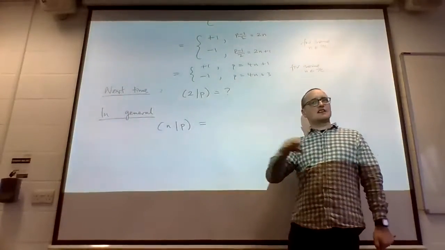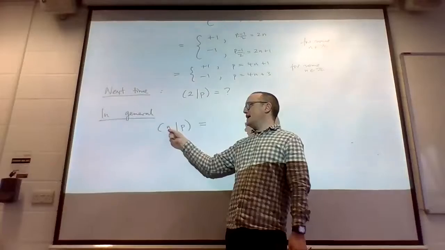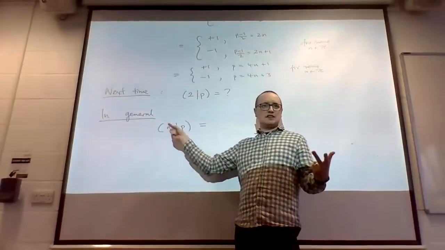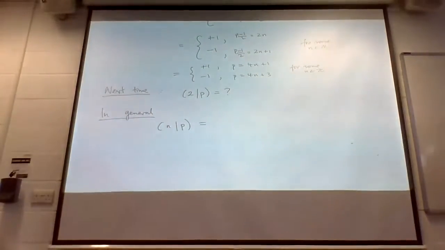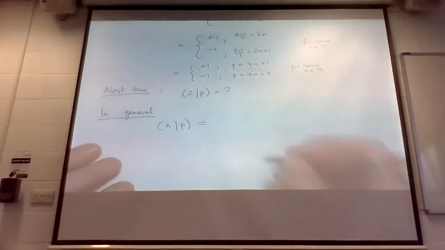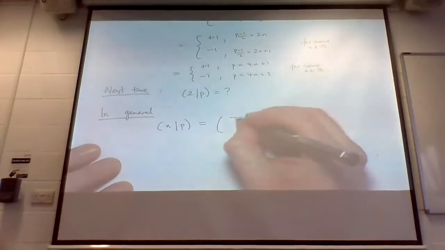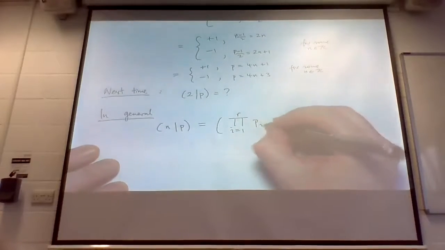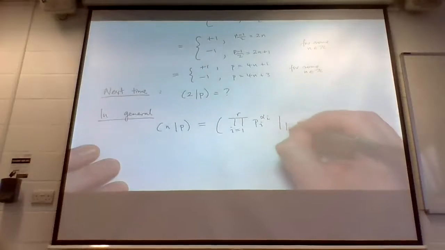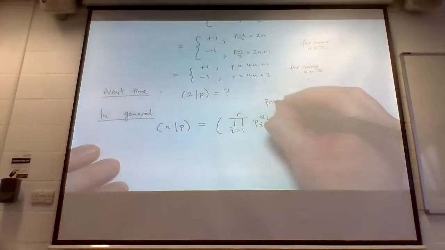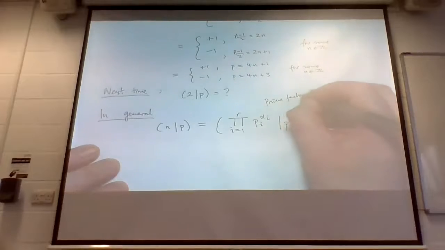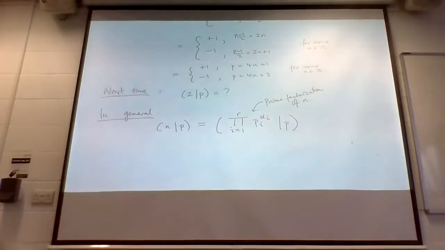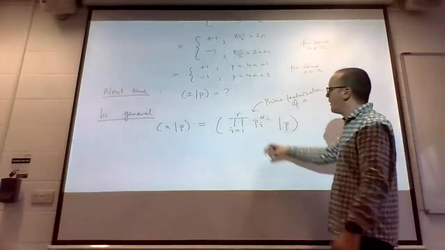And we already have in our course a very clear way of understanding an integer multiplicatively, through its prime factorization. So this is the prime factorization of n. Every integer has a prime factorization.